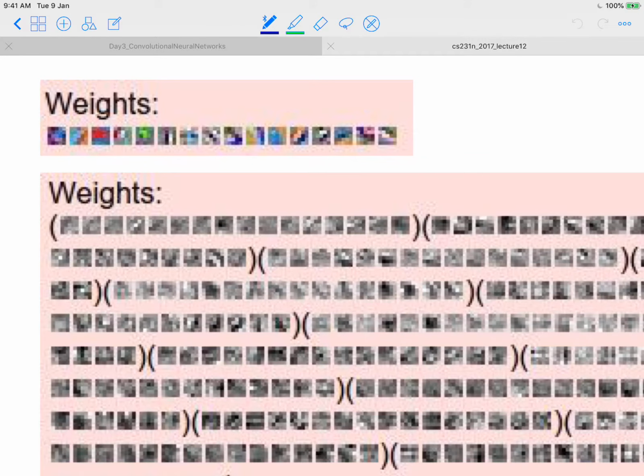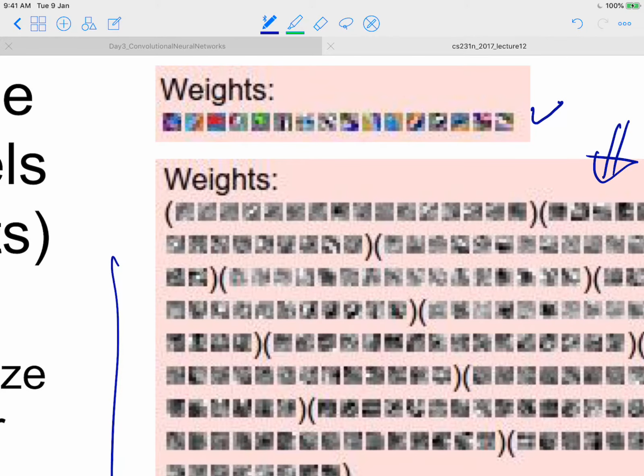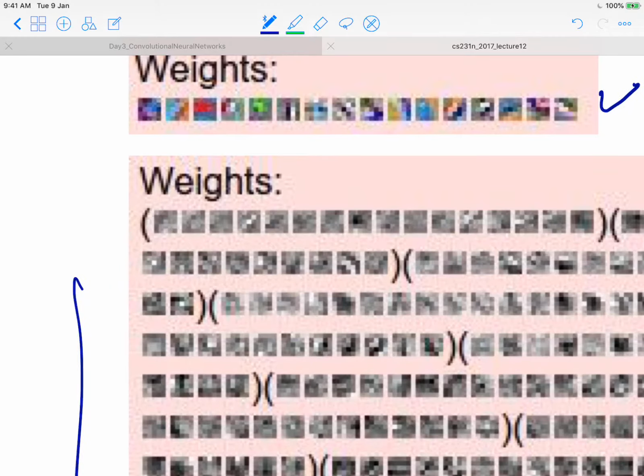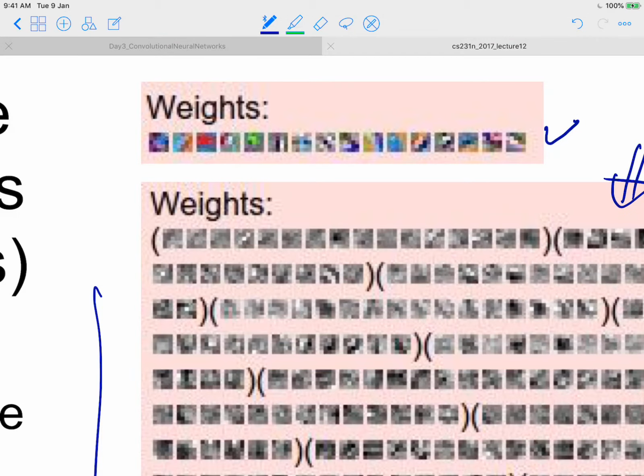Do you understand why we only see the color image at the first layer, but not on the second or later layers? Each image over here is composed of 3 different convolution filters, corresponding to RGB, right?